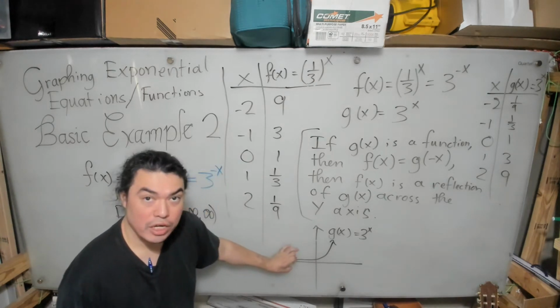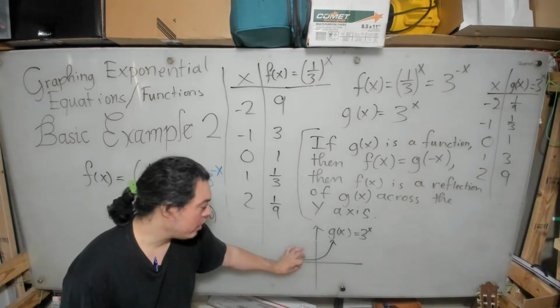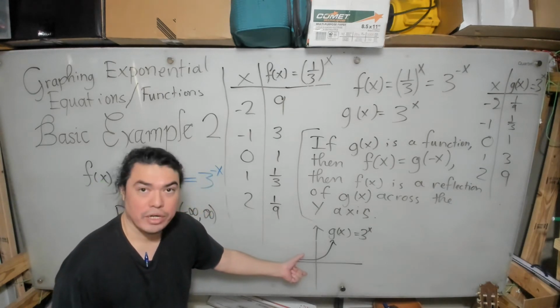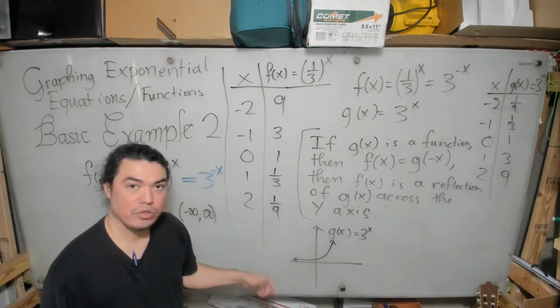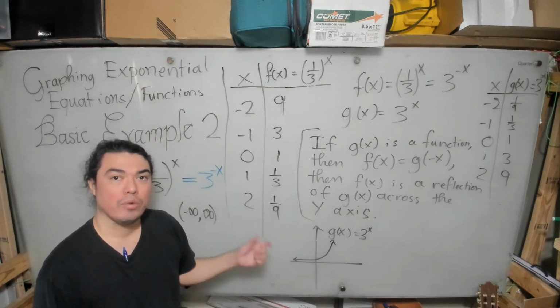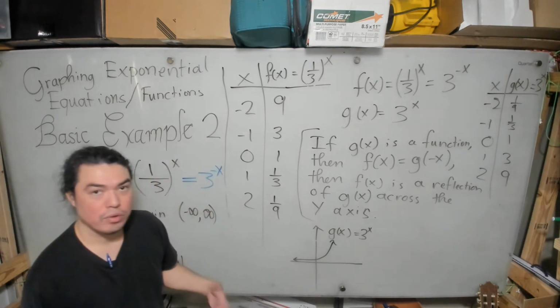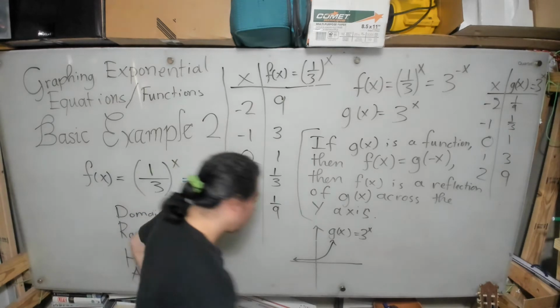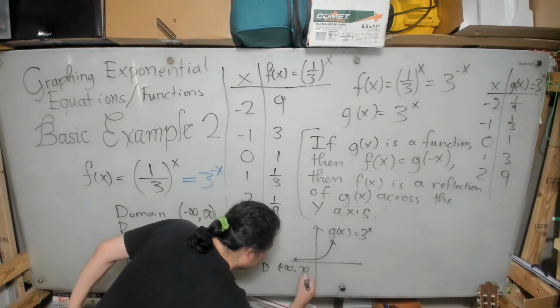And we know that the horizontal asymptote will be the x-axis, or in other words, y equals 0, because as x becomes more and more negative, 3 to the x will be 1 over 3 to an increasingly positive number, which will be a positive number that's getting smaller and smaller. So in other words, it's going to get close to 0. Horizontal asymptote, y equals 0. The domain will be negative infinity to infinity.